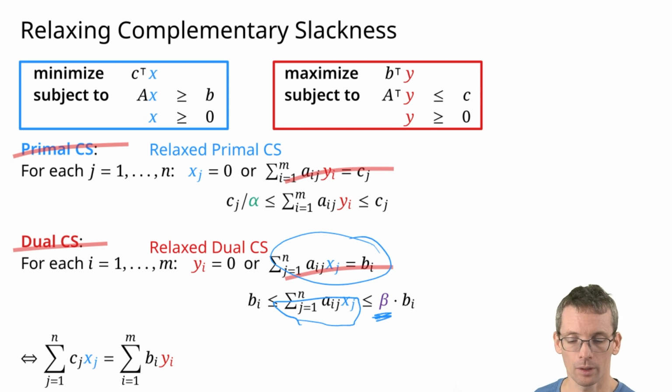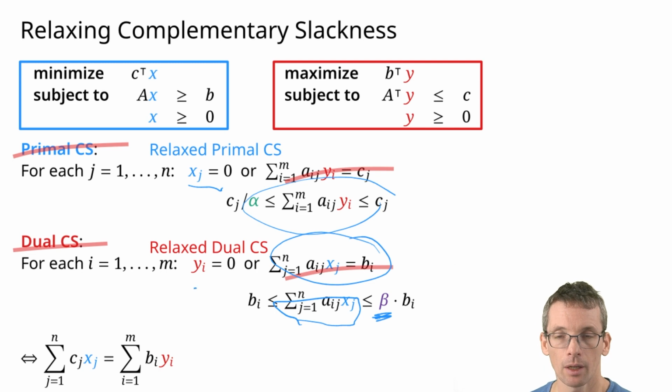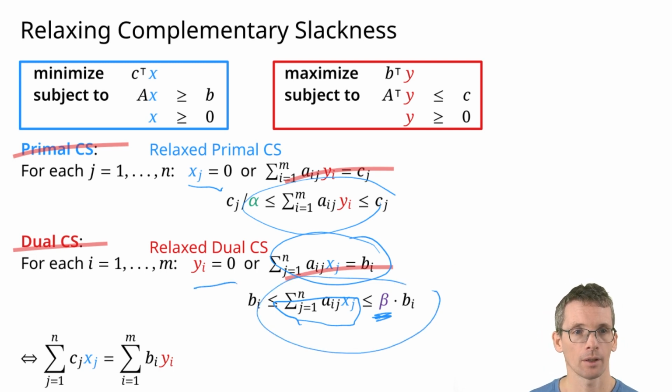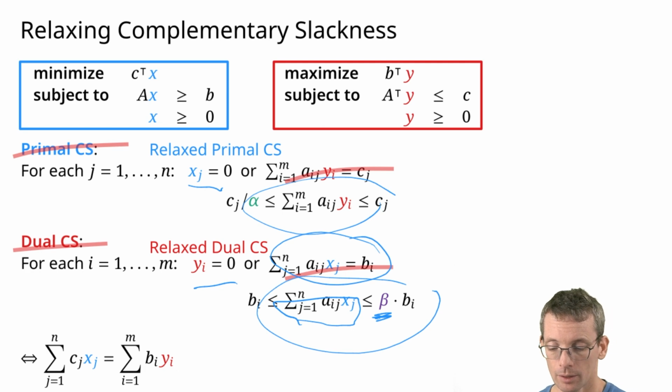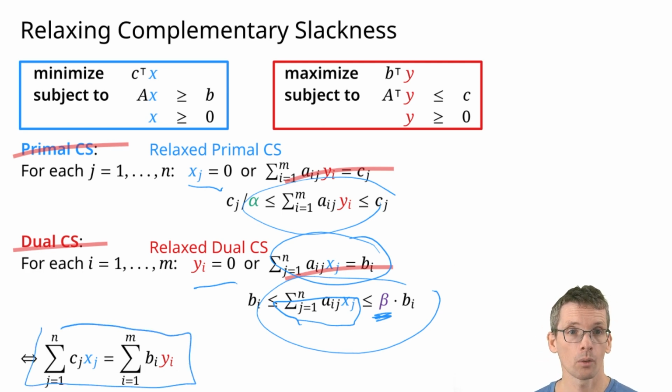Again, it's always either xj is 0 or I have this, and either yi is 0 or I have that: relaxed complementary slackness. And what this gives me is, I do not get equality now if I have a solution with relaxed complementary slackness, but I get an approximation.